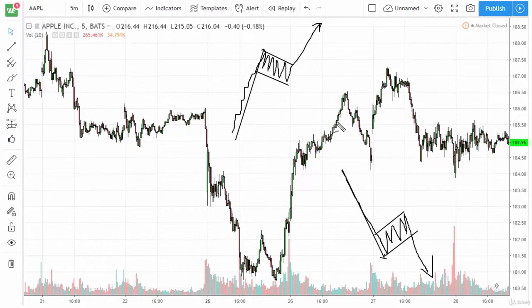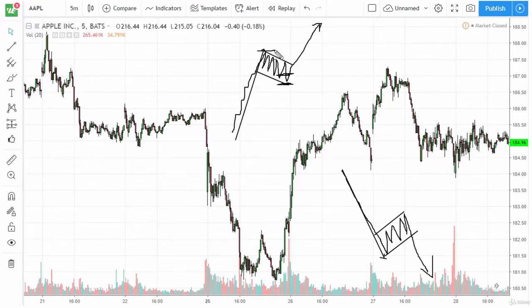So how do we trade this? Well, the flag's very easy to trade because you take a break of the uptrend line. You put a stop loss either on the other side of the flag or in the middle of it. It depends on your risk appetite. Then you extrapolate the pole of the flag. The pole is what the initial move was.